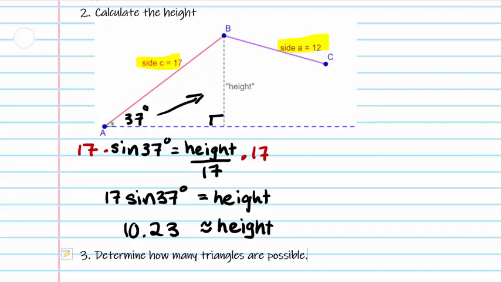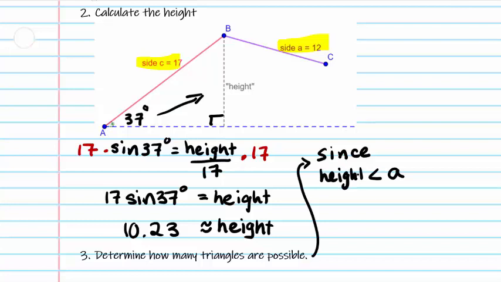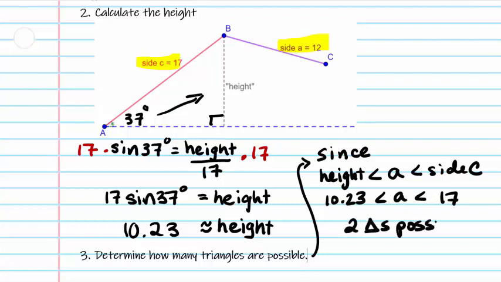From the previous video, you will have learned that if the side opposite the known angle is between the height value and the other side that you're given, in this case, side A is in between the height and side C, which it is, we're going to have two triangles possible.